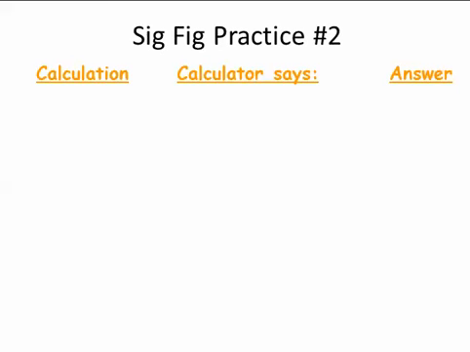All right, let's look at some practice here. So we're going to look at the calculation. So for example, 3.24 times 7. And then here's what the calculator gives you, 22.68. I want you to pause this, see if you can round this off to the correct answer. So we're going to do this with each of these.